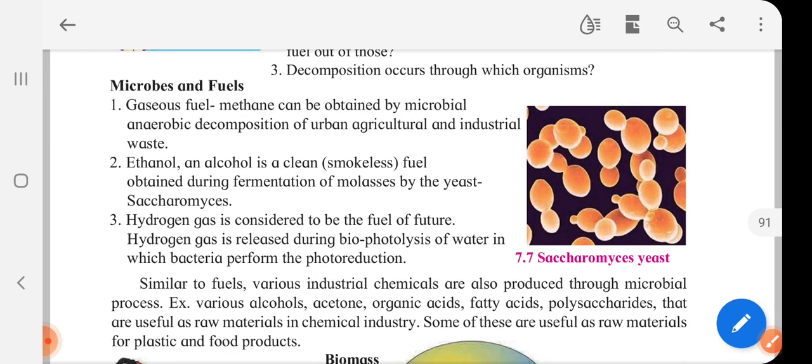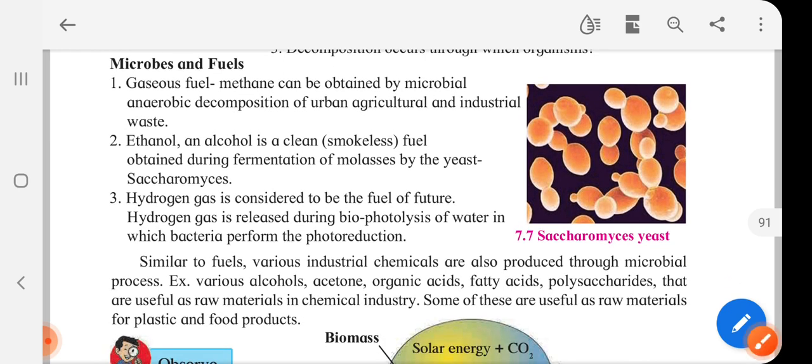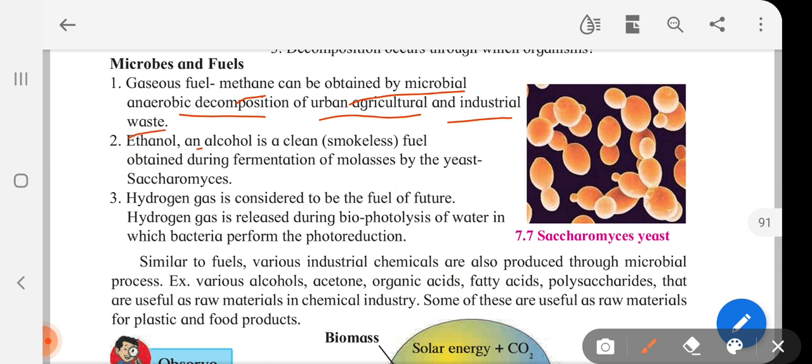Now if we talk about microbes and fuels, gaseous fuels like methane can be obtained by microbial anaerobic decomposition of urban, agricultural, industrial waste. So methane, which is a gaseous fuel, we get it from microbial decomposition. Ethanol, which is an alcohol, is a clean, smokeless fuel obtained during fermentation of molasses by the yeast Saccharomyces.